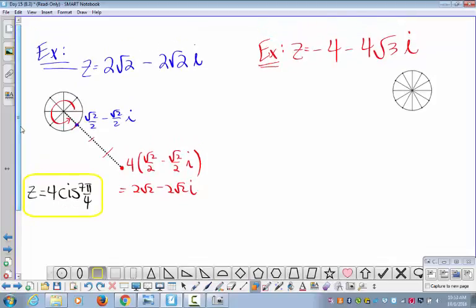All right, this one, minus 4 minus 4 root 3 i. What quadrant should we be targeting? Third quadrant? Yeah, both are negative. And do you think we should be going with the steep terminal ray or the less steep terminal ray? Steep.